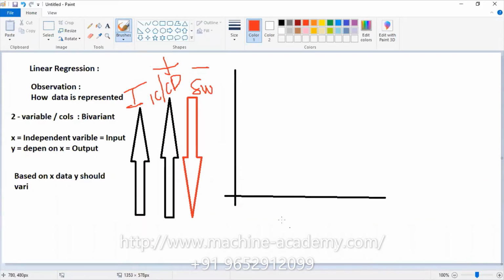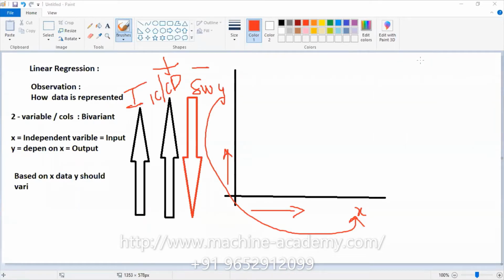Now the same concept is considered in regression, with the x variable and y variable. Wherever the x data is increasing, the y variable also increases, because the y variable depends on the x variable.